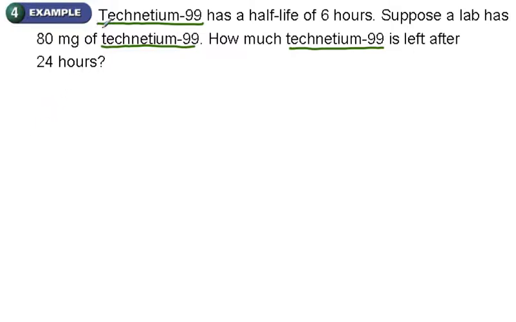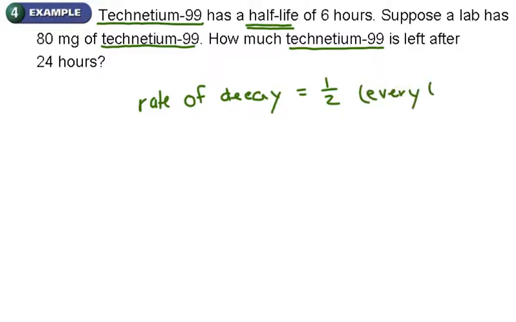Sorry. Okay, technetium-99 has a half-life of 6 hours. Half-life means it's breaking down in half every 6 hours. So its rate of decay is 1/2, and I'm going to put every 6 hours in parentheses.